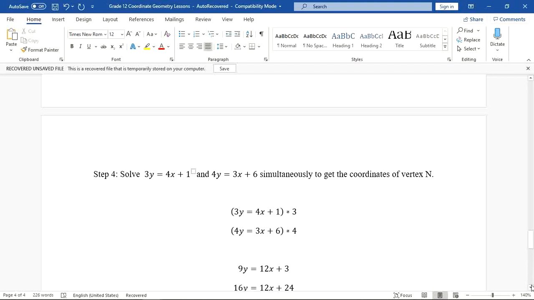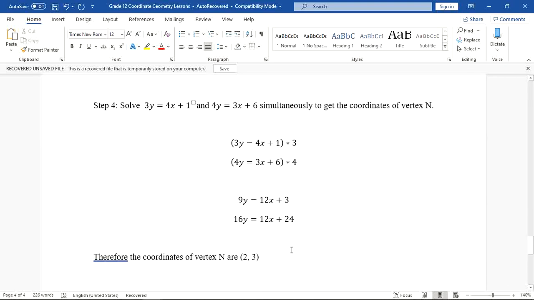All right, so what we need to do now, we are supposed to say this: the first equation minus the second equation, so we can eliminate that x term.